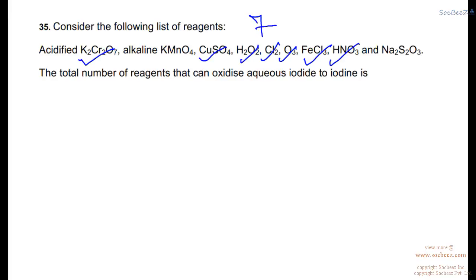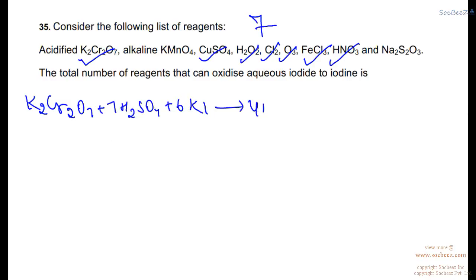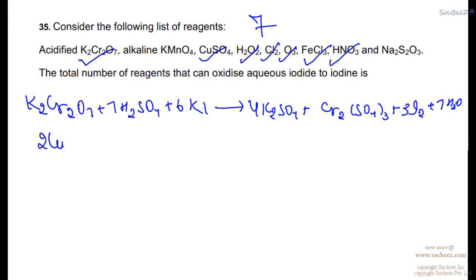Well, writing the respective chemical reactions, we can write the chemical reactions as K2Cr2O7 plus 7H2SO4 plus 6KI gives 4K2SO4 plus Cr2(SO4)3 plus 3I2 plus 7H2O.